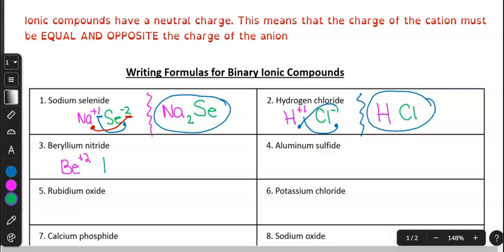Whereas nitride is the anion for nitrogen. Its atomic number is 7, and if you look at the top of its family, it has a charge of -3. And so my 2 is going to be rewritten here by the nitrogen, and the 3 will be rewritten all the way over here by beryllium. And so I'm going to write Be3N2.